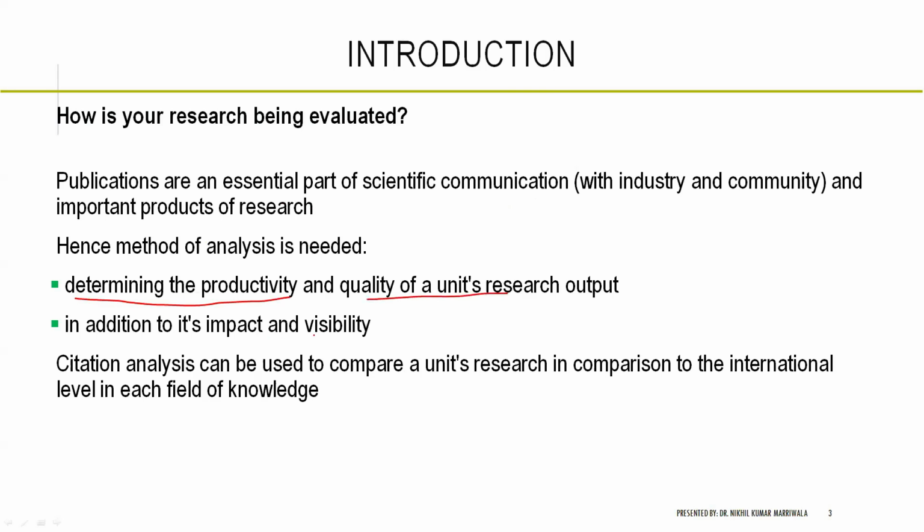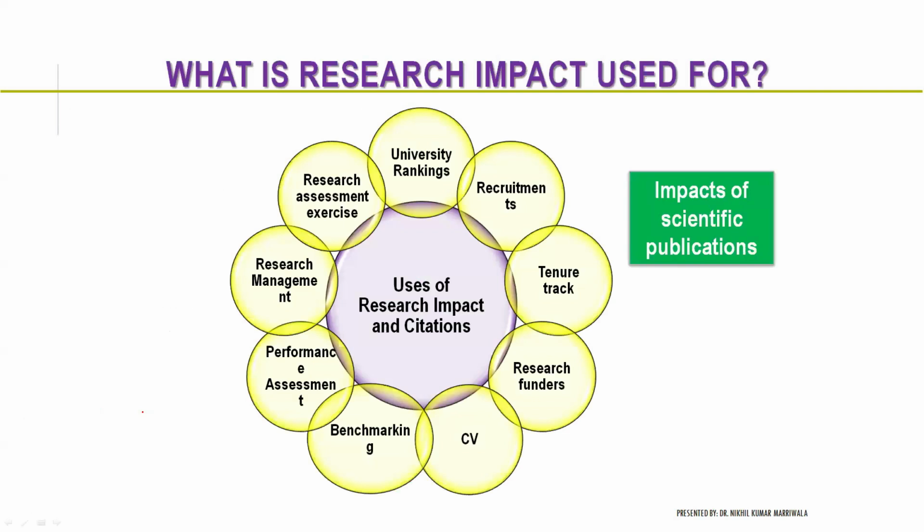In addition to its impact and visibility, this is the second part. The first part is we want to determine the quality of the research done by you. So citation analysis can be used to compare these research units at the institutional level, right? So I'll talk about this while I show you this particular diagram.